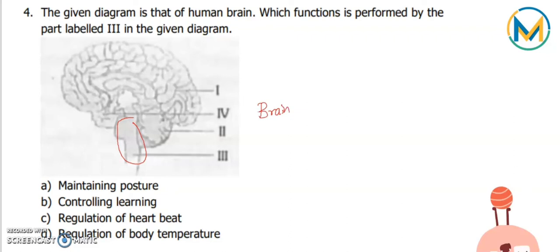This is nothing but brain stem. That is medulla oblongata. Medulla oblongata regulates cardiovascular and the respiratory system. Thus, among the option, correct one is option C, that is regulation of heart muscles.